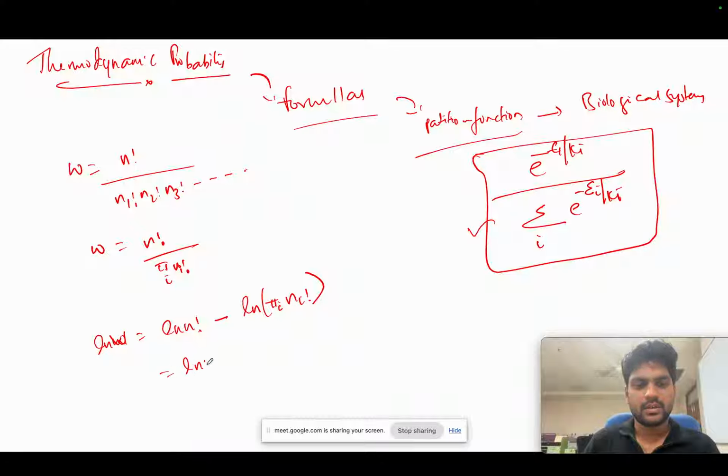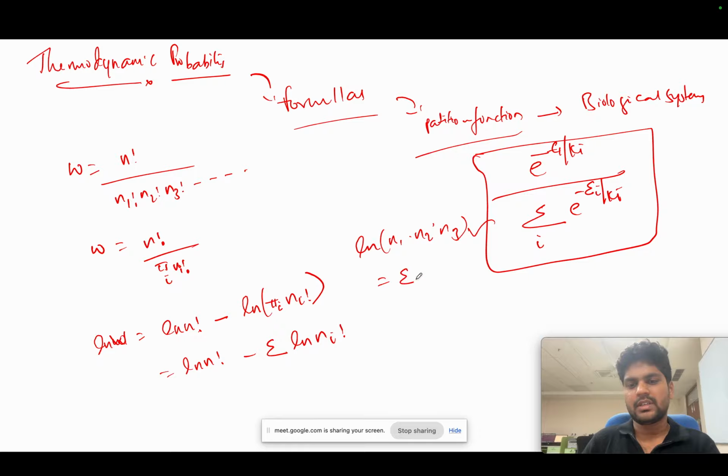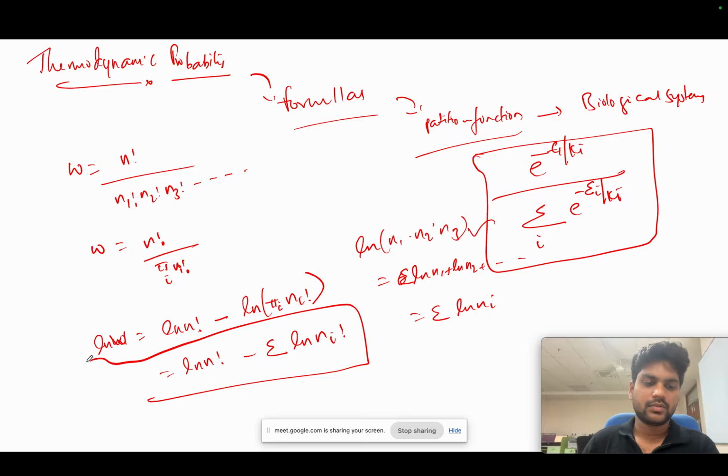So it will come as ln of n1 into n2 into n3 and so on, which becomes ln n1 plus ln n2 plus and so on. It's better to write it like this. So you have this equation.